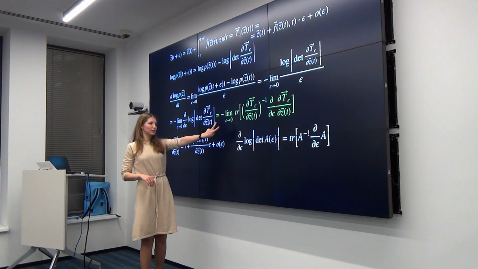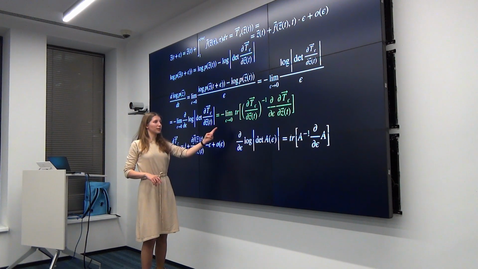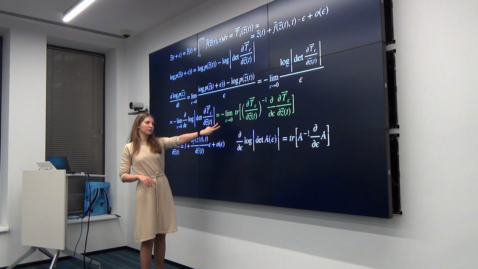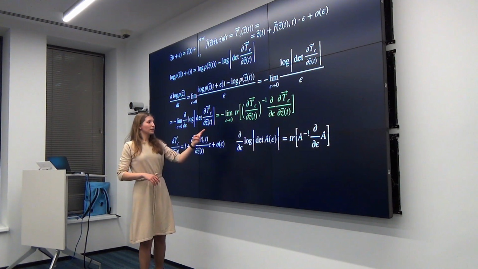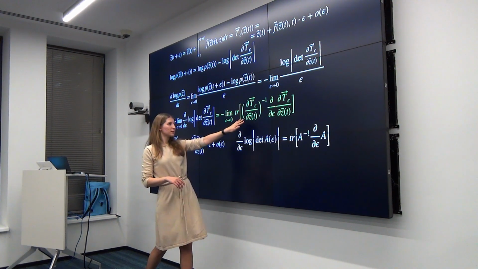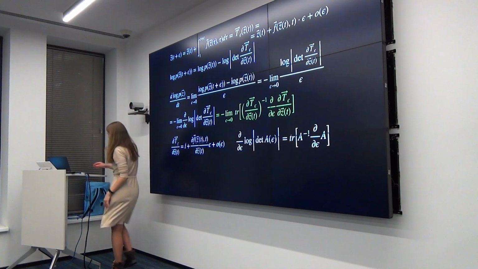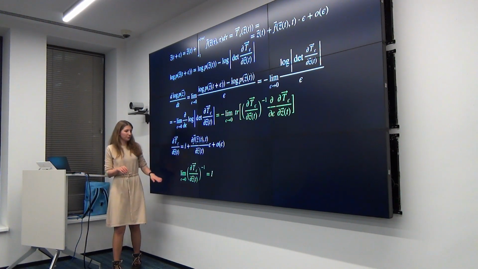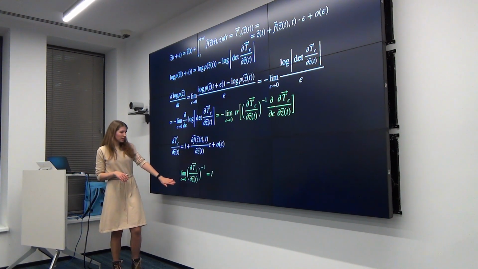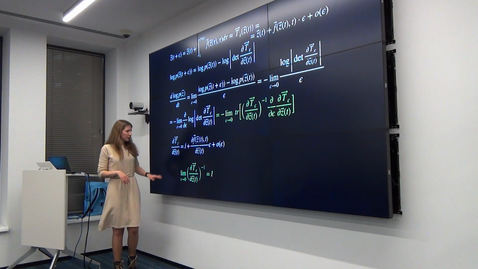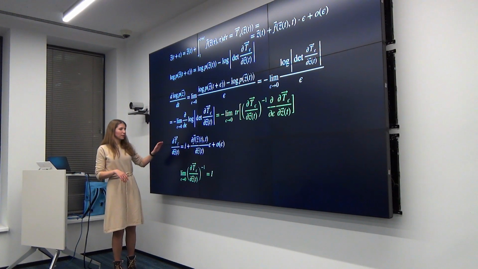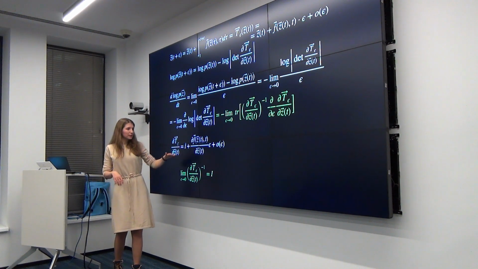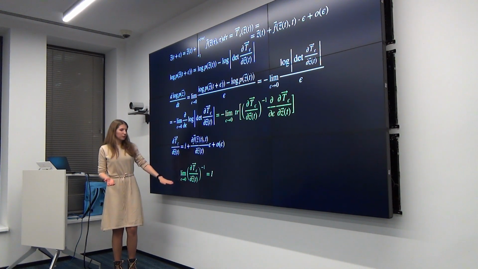First of all, we can swap trace and limit, because trace is a linear operation. And let's look at the limits of this matrix and this. The limit of the first term is the identity matrix, because the initial matrix tends to the identity as epsilon tends to 0, so the inverse too.